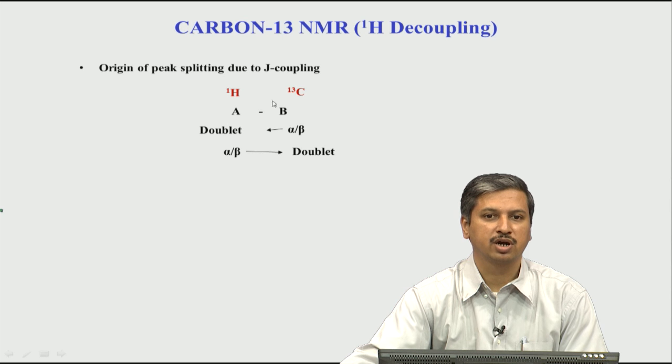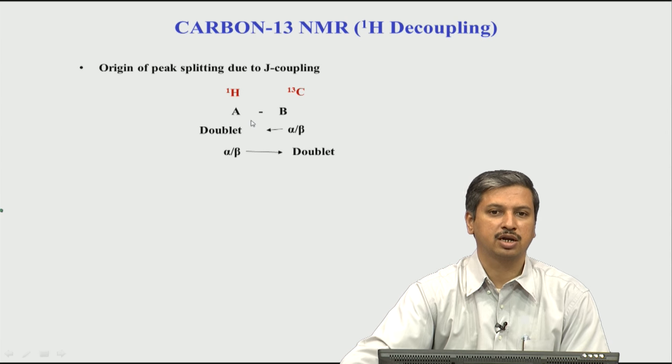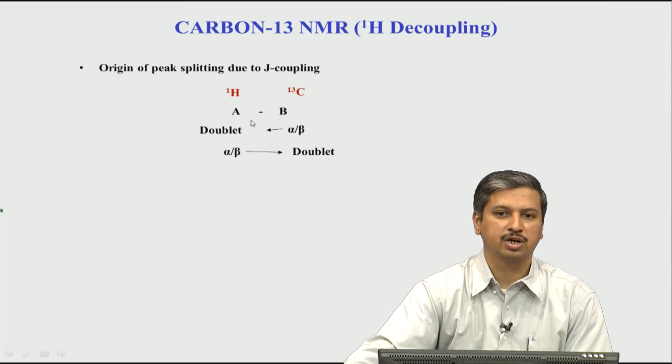Similarly, if I look at the carbon, the same thing will happen. Carbon 13 is attached to a hydrogen, and this hydrogen has 2 possible spin states, alpha and beta, and because of those 2 spin states this peak will become a doublet. That is what I was saying earlier, that it is a mutual, reciprocal interaction: if a carbon splits a proton into 2, a proton will also split the carbon into 2.